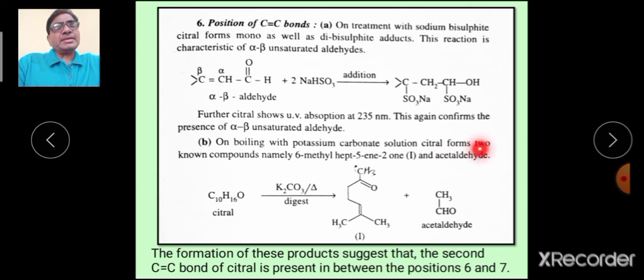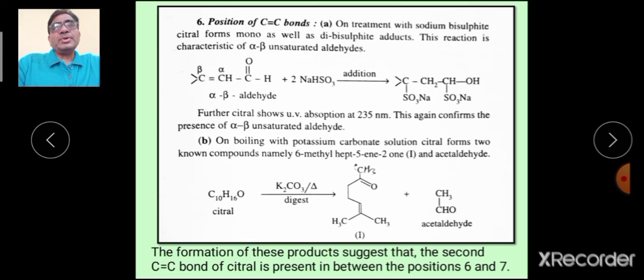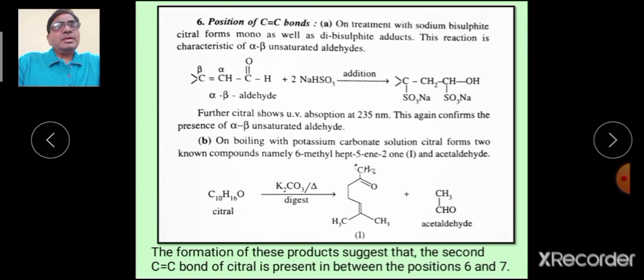The other compound is acetaldehyde. The formation of these two products suggests that the first double bond is at the alpha and beta position, while the second double bond is between 6 and 7.